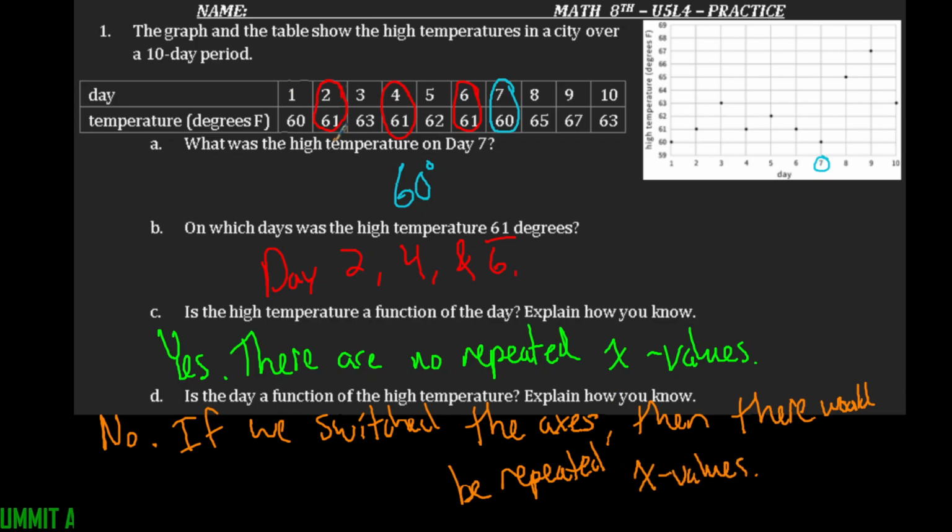And we know that would be repeated because if we look, notice how just from that part B, we have 3 values that are 61.